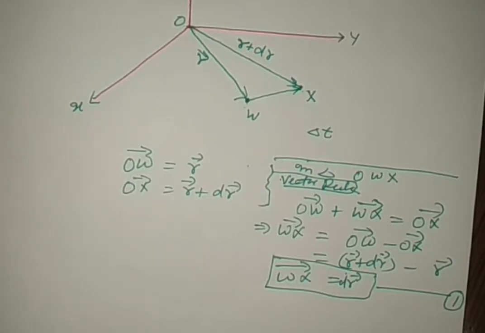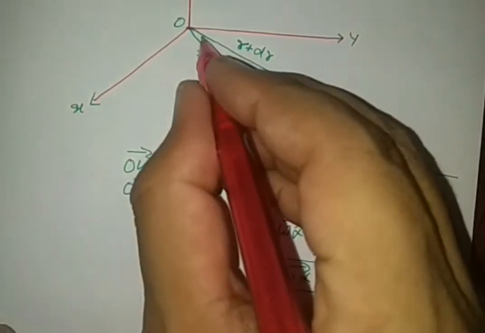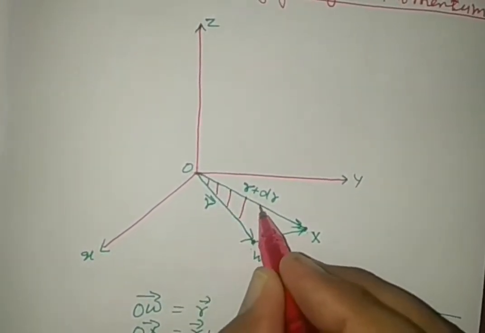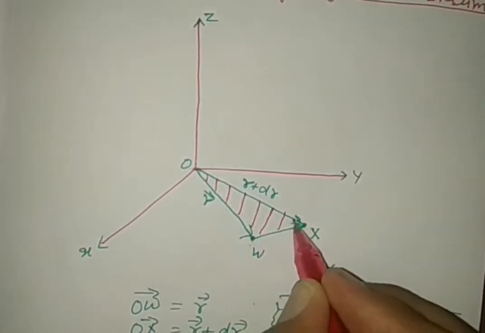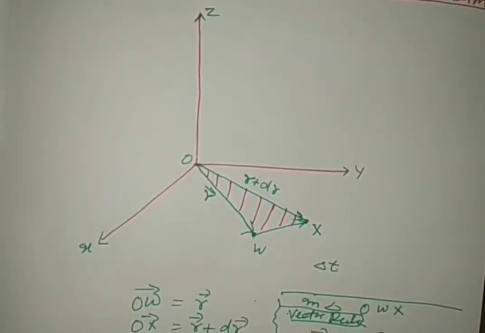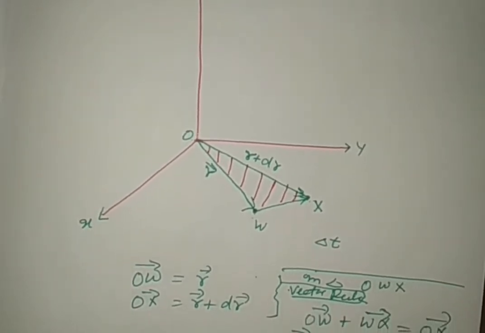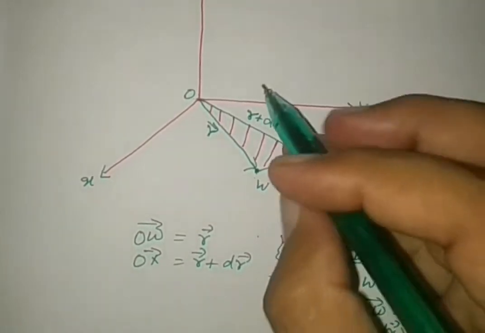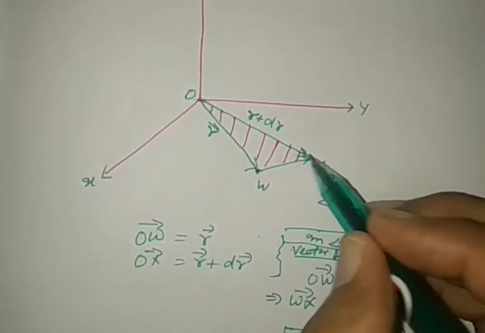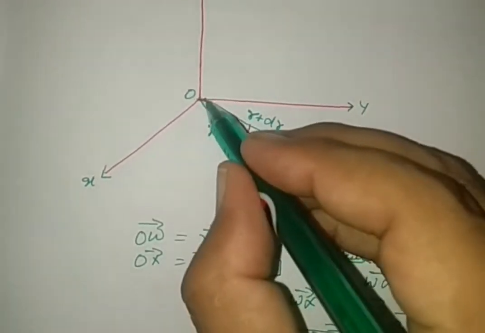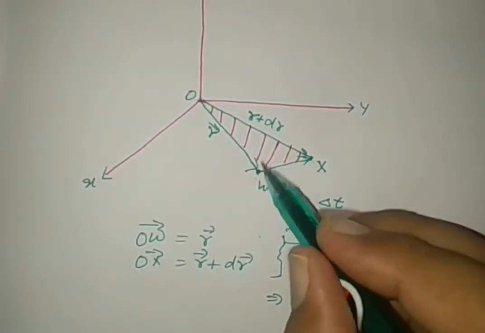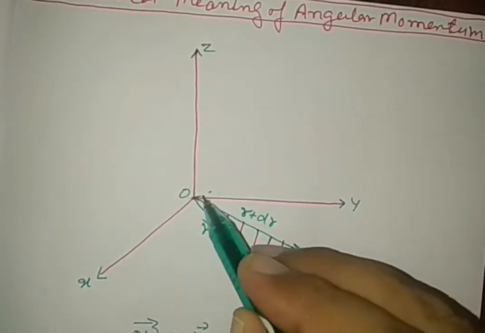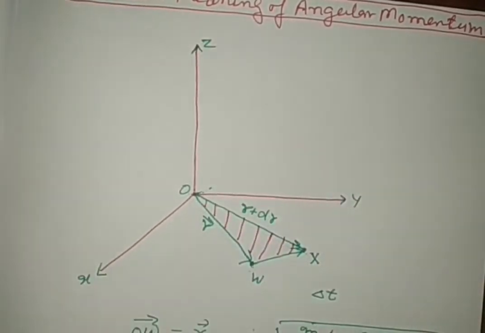Actually my plan is to obtain the area of this shaded portion, which is the area of this triangle. To obtain the area of the triangle, from O we draw a line parallel to WX, represented here by this blue pen.